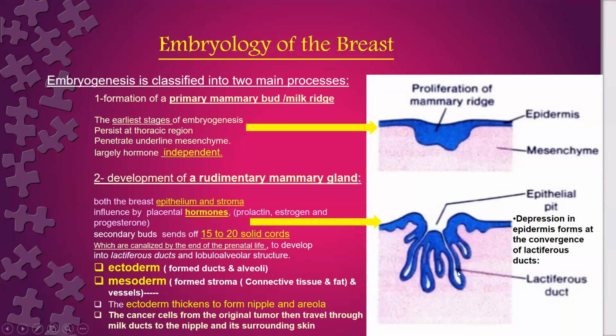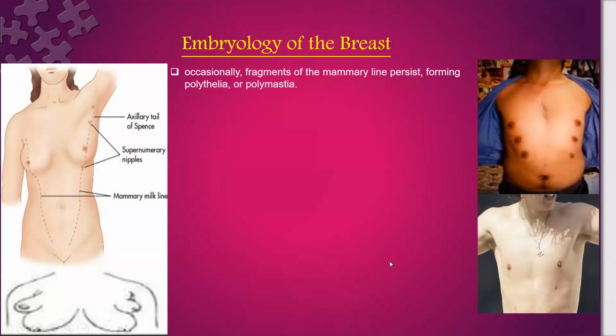One theory of Paget disease is that the cancer arises in the duct and extends from the duct into the cells of the nipple areolar complex. If we understand this, it will be easy for us to understand the theory of Paget disease.